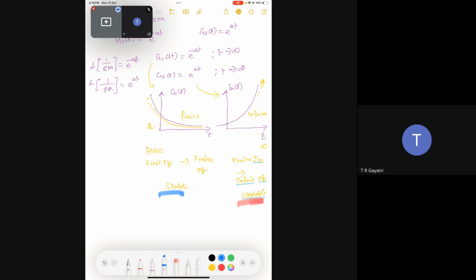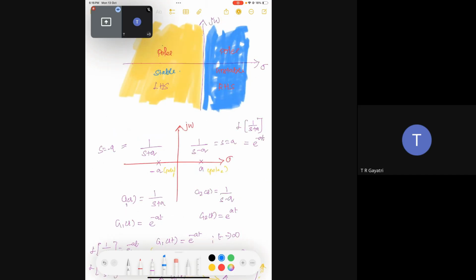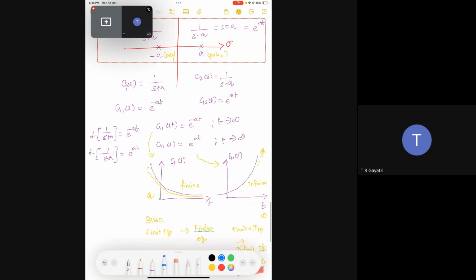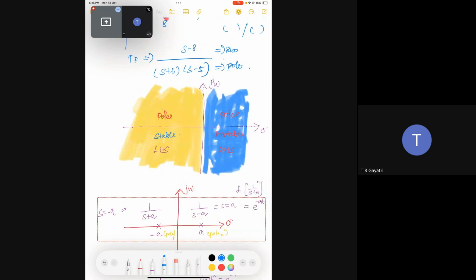So if you look closer, if your pole lies in the right half of the s plane, for example a, this becomes e power at and this becomes infinite. So the right half of the s plane is unstable, the left half is stable. So this is the stability of a system based on the pole location.